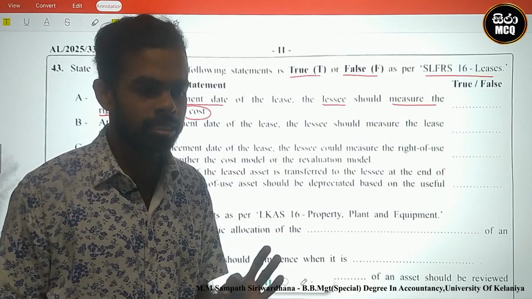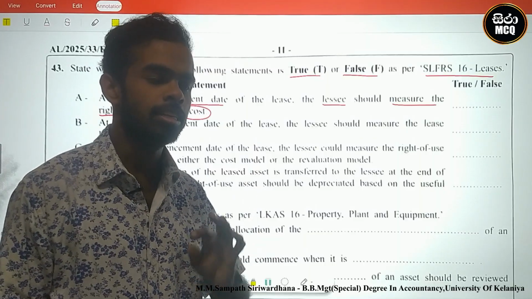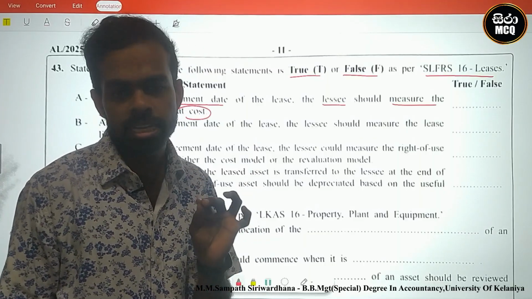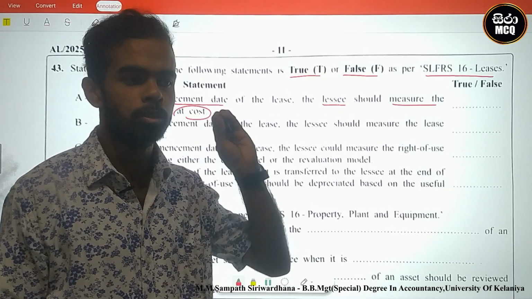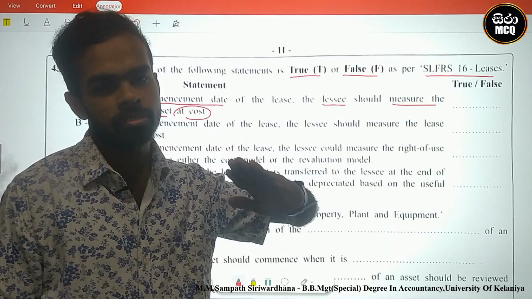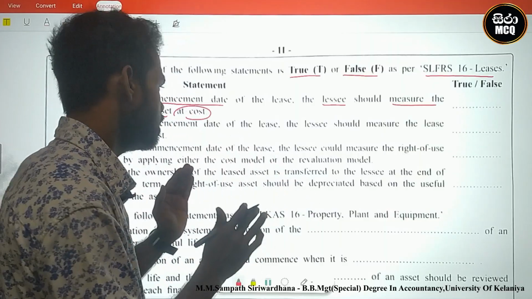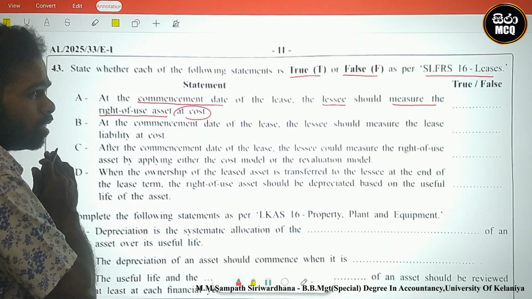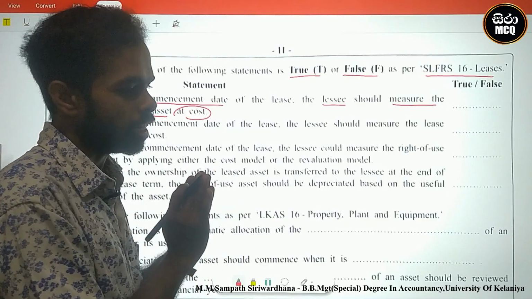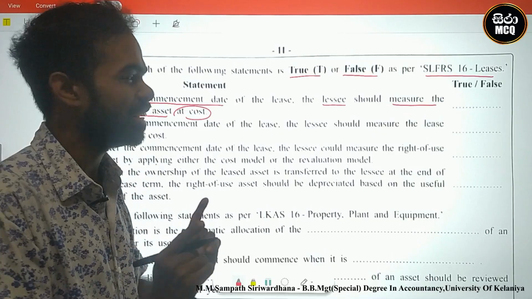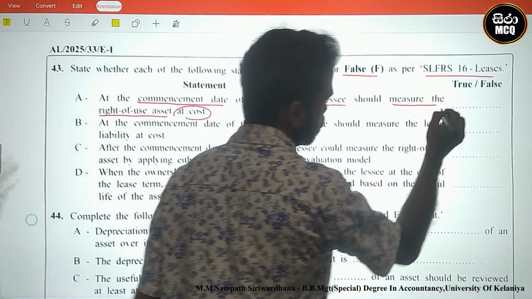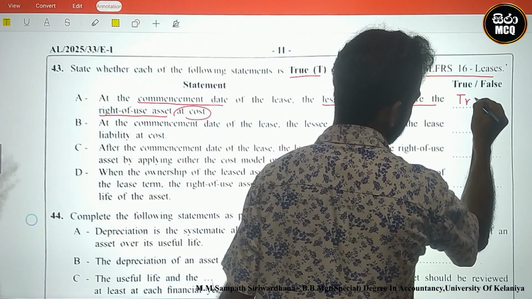Yes, at the commencement date you must recognize your asset at cost. Property, plant and equipment, firstly you identify at cost. Therefore, this is related to SLFRS 16 leasing. Right of use asset at the commencement, you must identify at cost. This is true. This statement is okay, true.